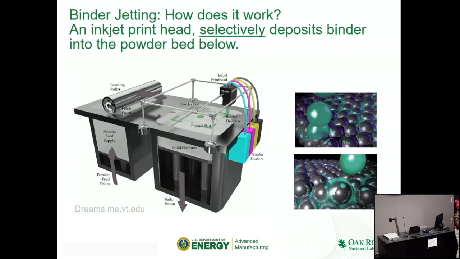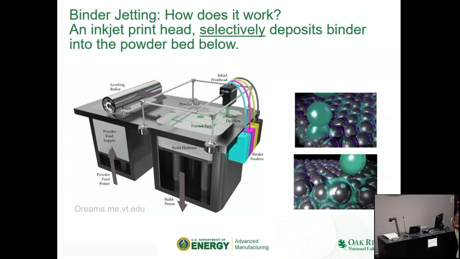As you can imagine, it can get very intricate and very detailed. Depending on your build platform volume, this can determine the size of your part. Some of these binder jet printers are very small, and some are very large.